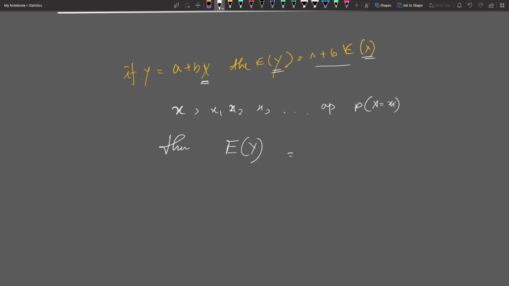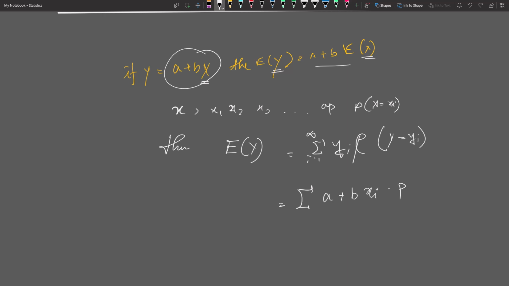Then the expectation of Y, what is the formula everybody knows? Sum of y_i times probability that capital Y is equal to small y_i, and now I have to put all of the values here. That means a plus b xi, with probability of a plus bX equal to a plus b xi.